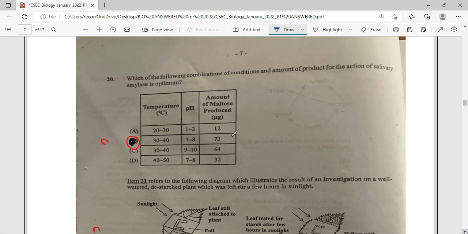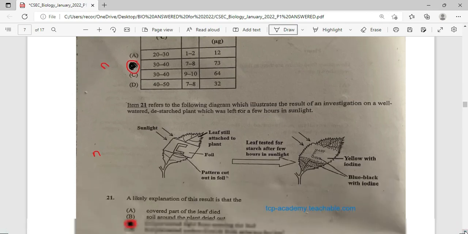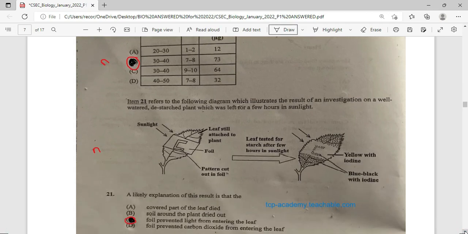Let's move right along. This is of course going to be another new question. New question in the sense that you would have done this for your photosynthesis lab, or if you're on BioJam on my website, then you would have gone to this lab. So it reads, item 21 refers to the following diagram which illustrates the result of an investigation on a well-watered destarched plant, which was left for a few hours in sunlight.